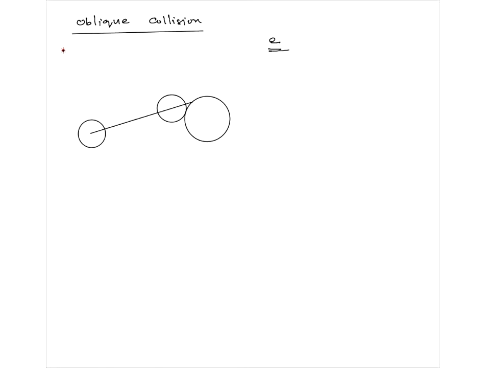Now, linear momentum is anyway conserved. It's about how you choose the x and y direction. In a case like this, we prefer to choose one direction as the tangential direction and the other direction as the normal direction. Normal direction you must have understood already.